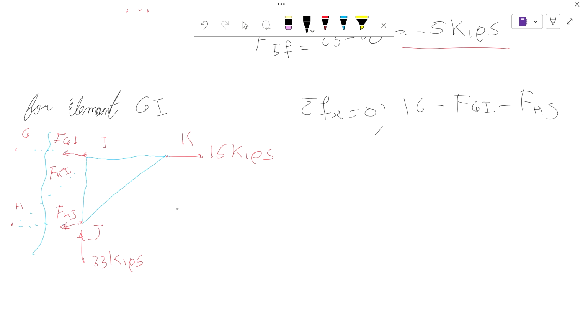So what we need to do is a summation of moments. But where do we do the moment? And this is another trick. We can do the moment on a point away from the cut. We can either do it at H or G. But if we do it at G, we'll cancel the force that they're asking us to find. So we're going to have the moment at H equals 0.